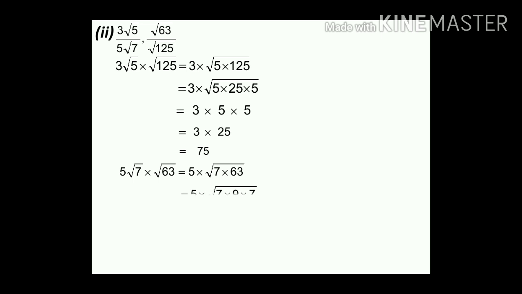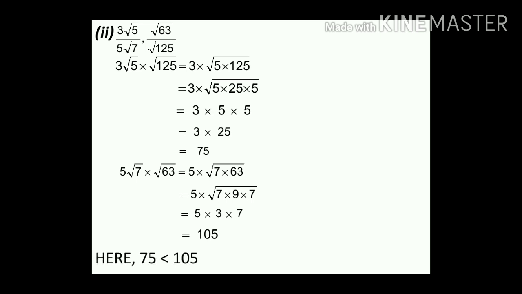Now children, equals 5 into root 7 into 9 into 7. 7 two times is there children. So it will come out. Now 9 is a square of 3. So it will also come out of the root. Equals 5 into 3 into 7. We get children 105. Now we have to compare the numbers.